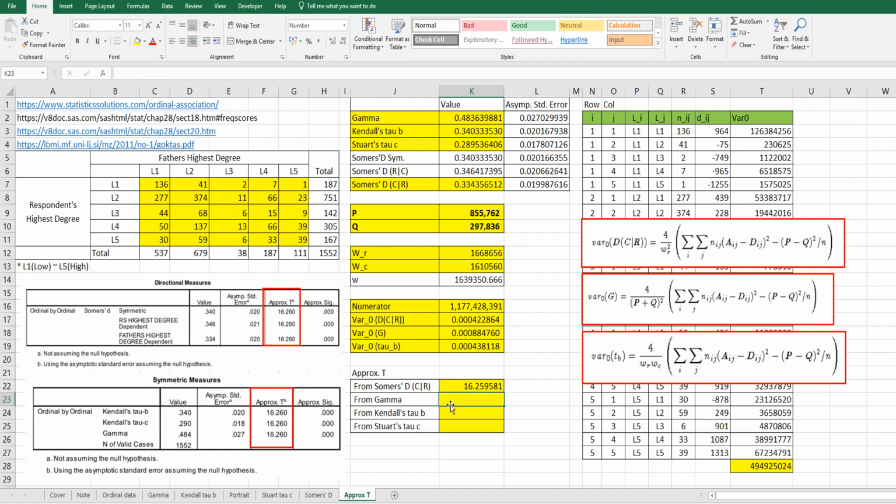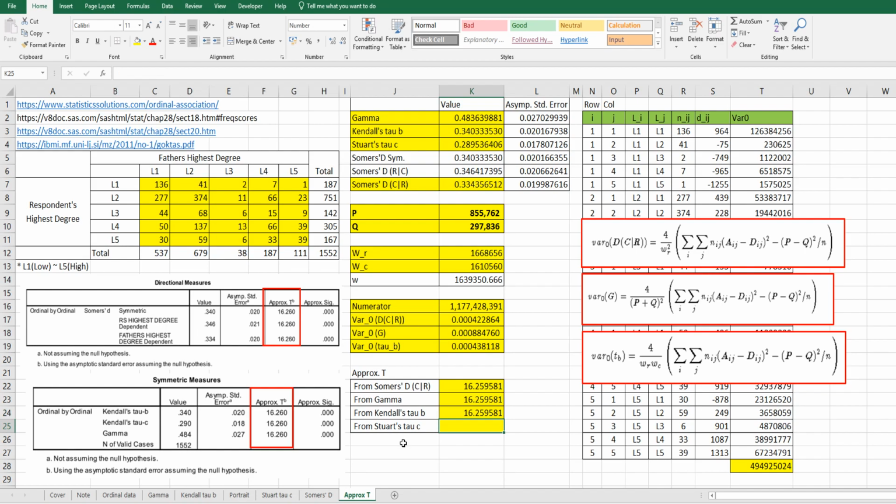For gamma, we can use the gamma value here and over square root of variance. Right. From Kendall's tau B here, value over square root of variance of tau B.